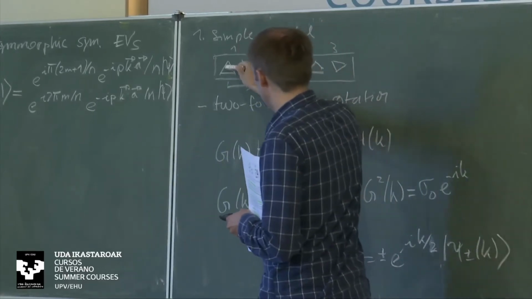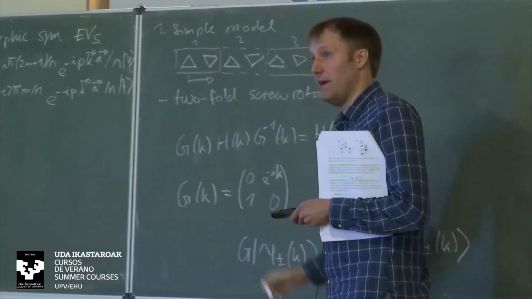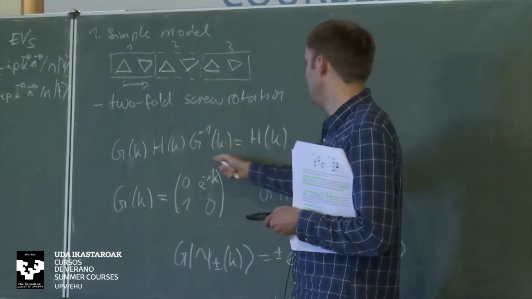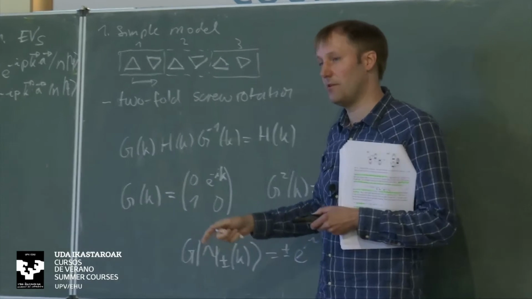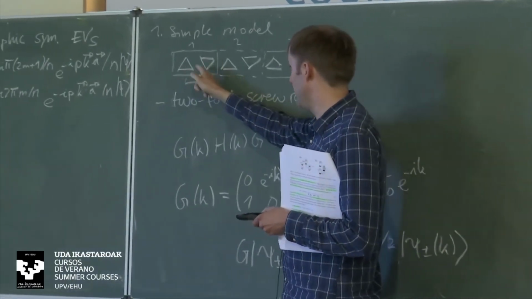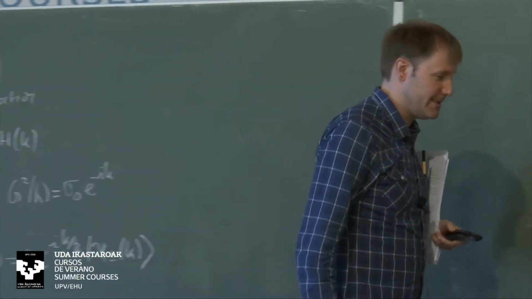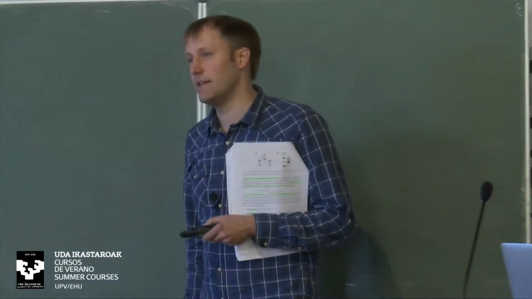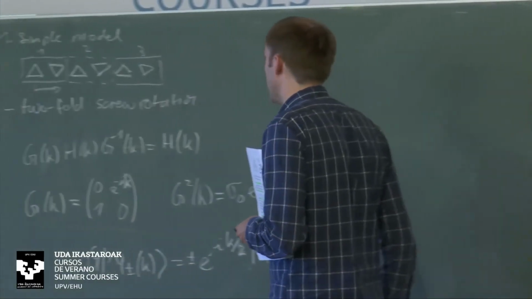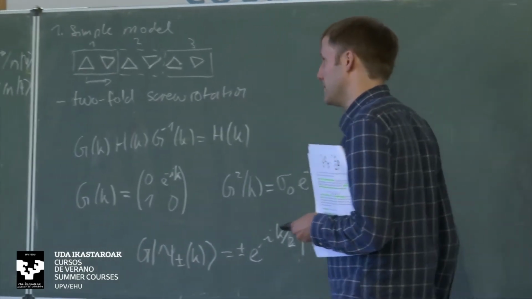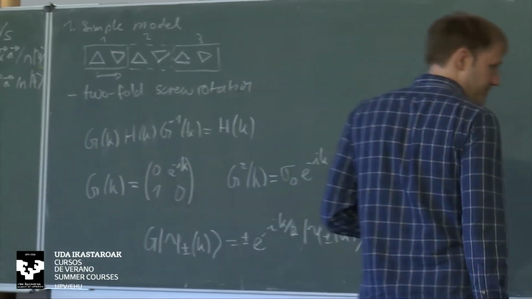I give both atoms the same real space index. And in that convention, this will take this form. I could take a different convention where I assign different real space indices to these 2 atoms, and then you would get this phase factor e to the minus ik half. And these 2 conventions are basically related via unitary transformations.